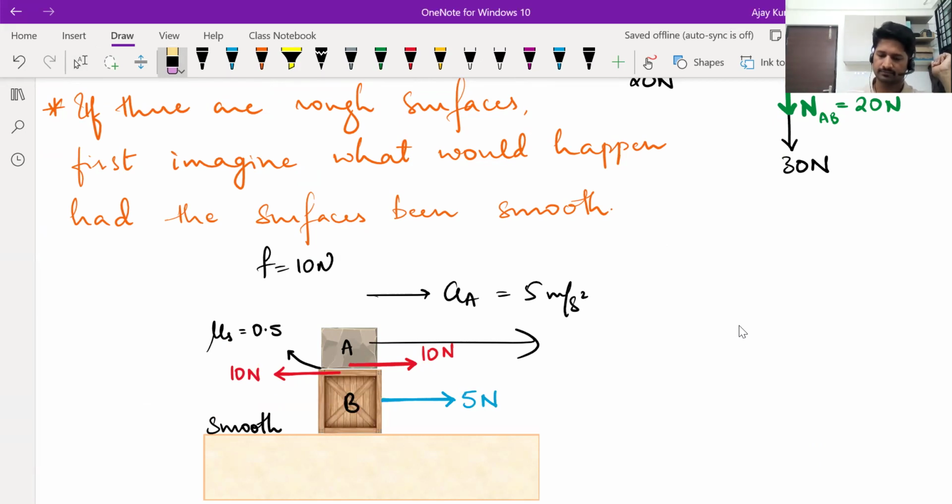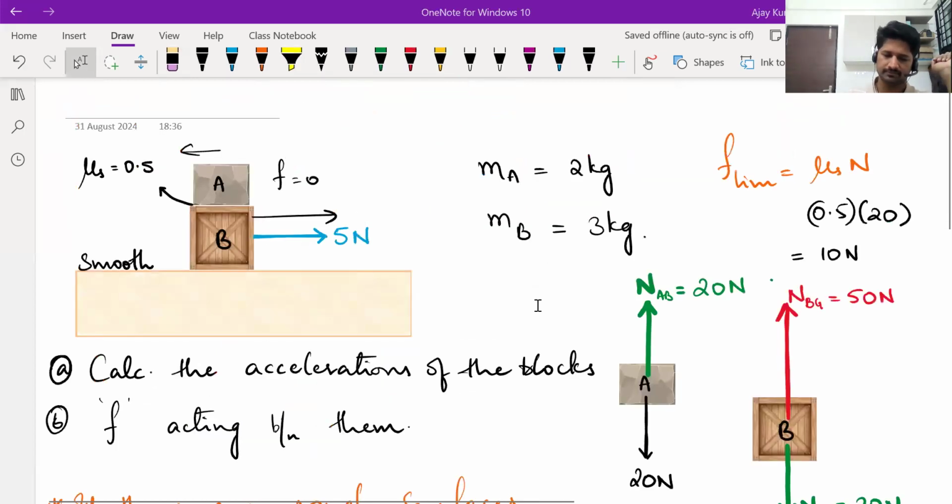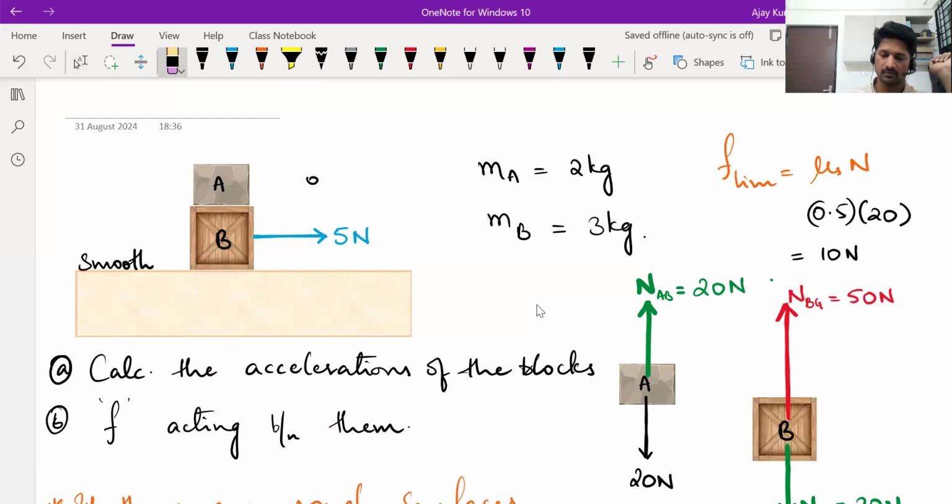Sir, can you explain one? Rishi, you tell me, when there is no friction between the blocks, what is happening? Sir, B will move and A will fall off. B will move forward, A stays there, right? Yes, sir. That means relatively, if you look at the surface of contact between A and B, B goes forward and A goes backward.